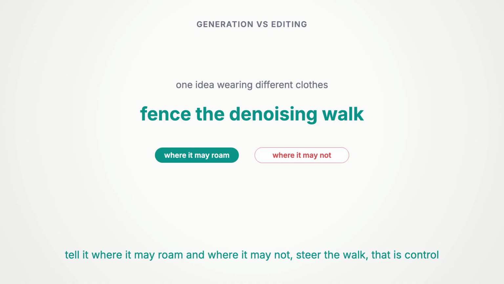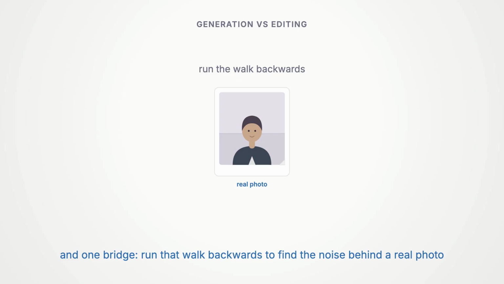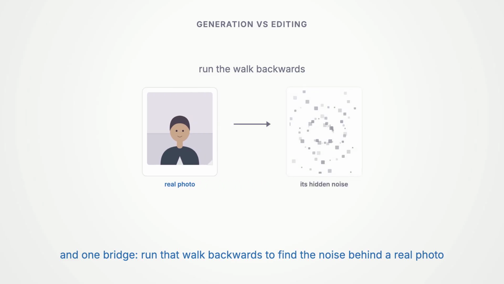And there is one more piece worth holding onto, because it is the bridge from the painting engine to editing a real photo. When you run that walk on its straight, deterministic setting, it does not only go forward from noise to picture. You can run it backwards. Hand it a real photograph and it can retrace the steps to recover, very closely, the static it would have started from to paint that image.